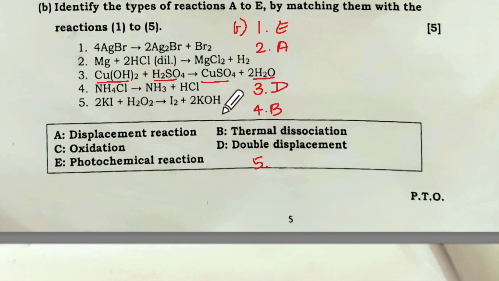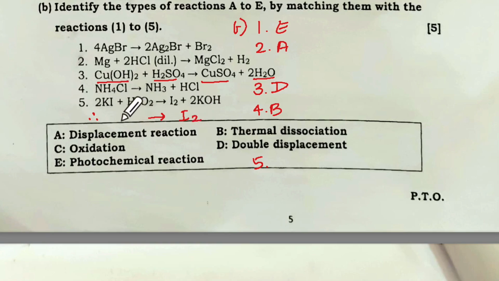Oxidation. How do I know it's oxidation? Okay, now write this reaction. Please write this reaction because this is the dangerous one. Now can you see over here? You write this reaction and write below that something is giving me I2.